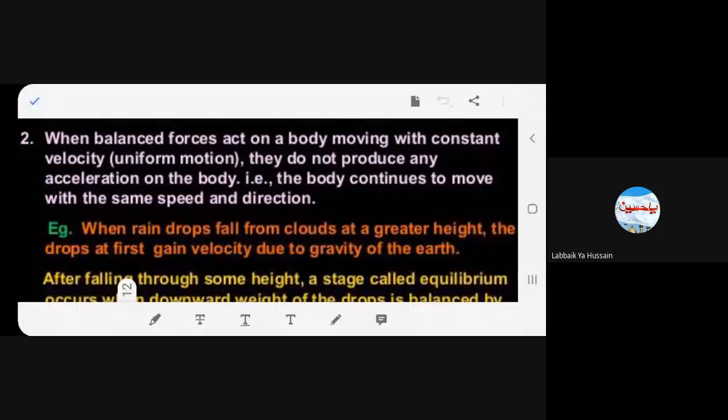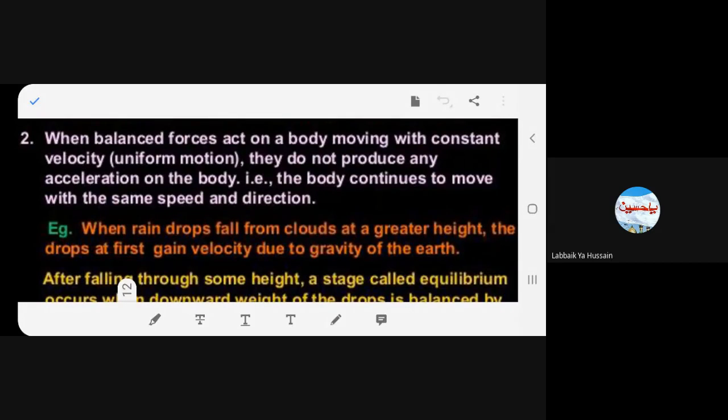Boys, ninth standard. Did you understand? Yes. So why? Because this is a balanced force. So your velocity will not increase. It will remain the same. Hope you have understood all of you.